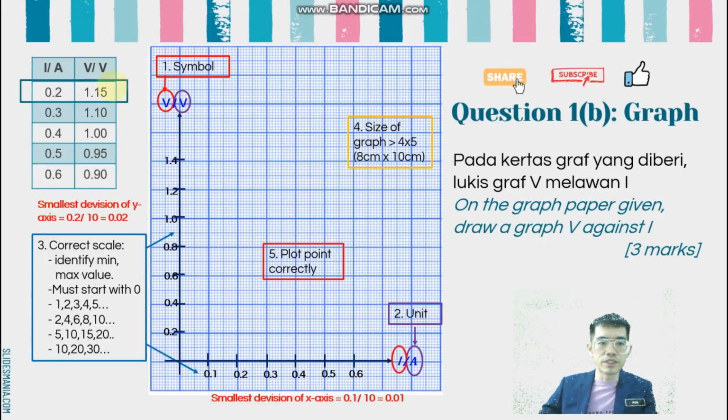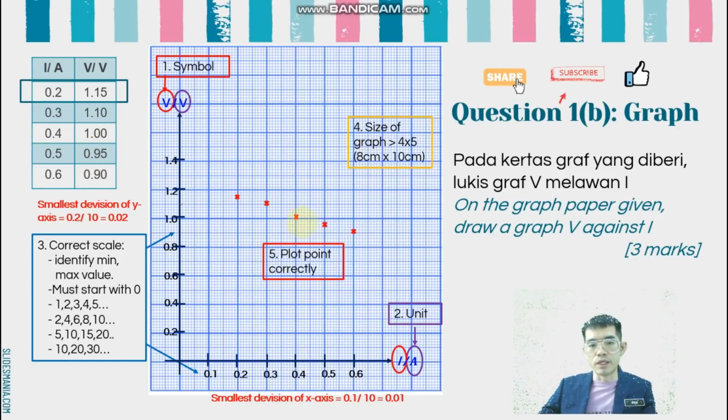From here, the first reading is 0.2 and 1.15. 1.15 will be between 1.2 and 1.1, so it will be here. The second reading 0.3 and 1.1 will be here. The other points will be the same.